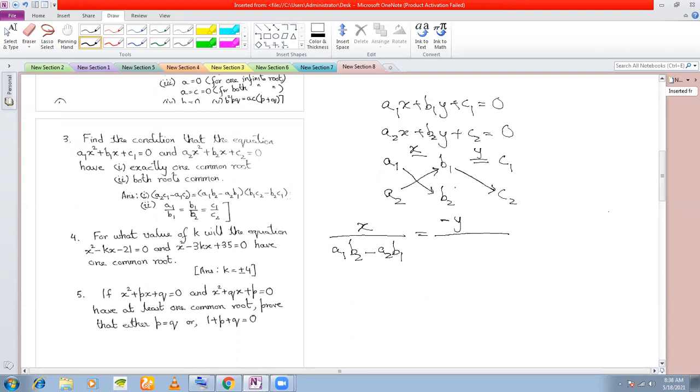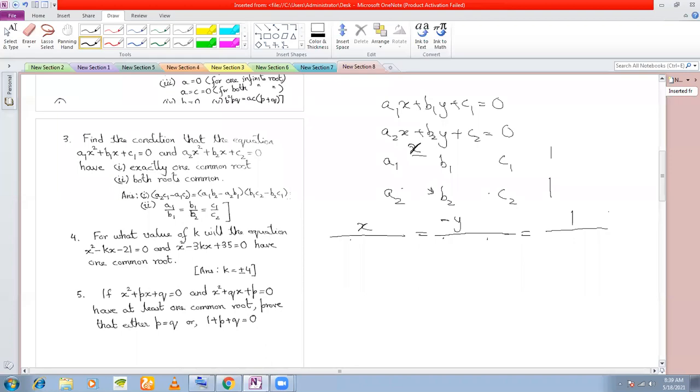And again, these two we multiply, b1 c2 minus b2 c1, right? And finally, we write 1 by, let me write 1 here also. Sorry, what I have written is wrong. I think you have forgotten your cross multiplication method. You did not correct me also.